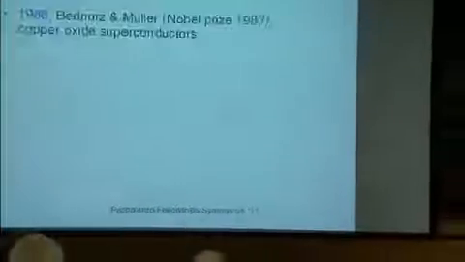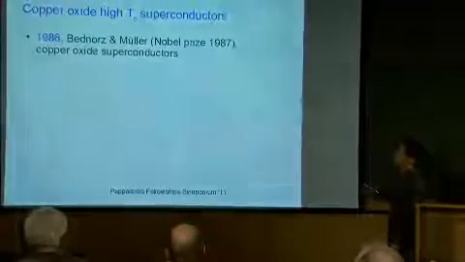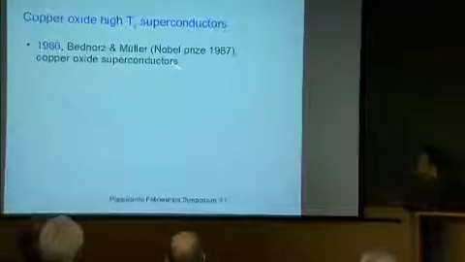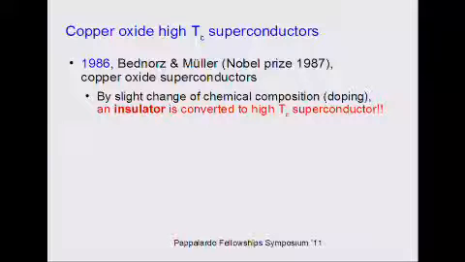So let me summarize about these copper oxide superconductors. They were discovered 25 years ago by Bednorz and Müller, which led to a Nobel Prize just 1 year later. And I think the most amazing thing about these superconductors is not their high Tc. It's actually from a materials science point of view.